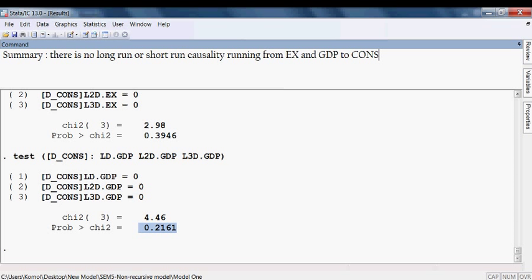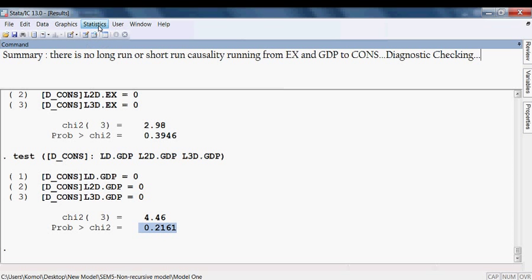That is the summary of this model. Okay, now we do diagnostic checking. That means as a whole, how is this VECM model? That we can check.